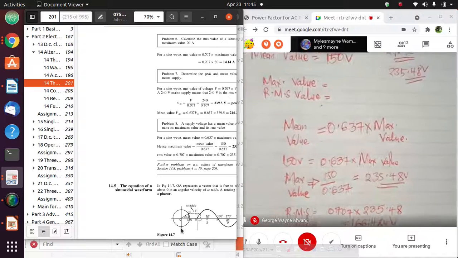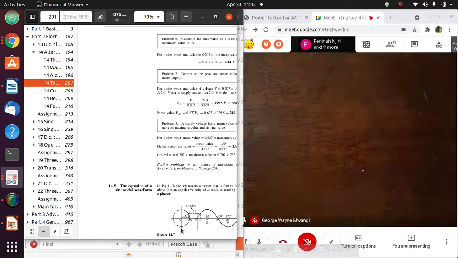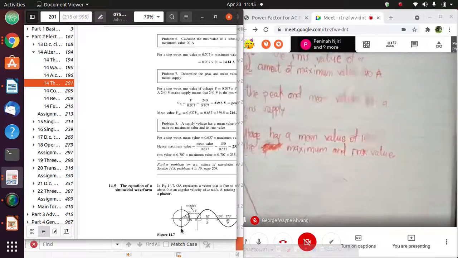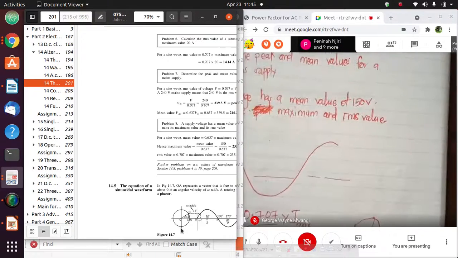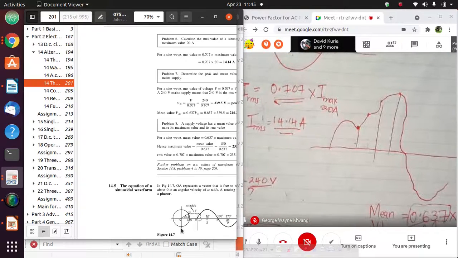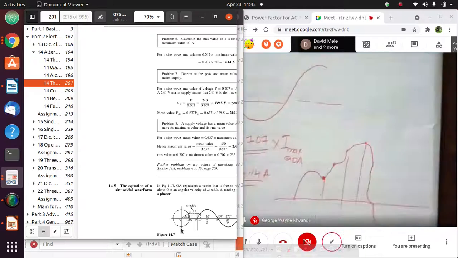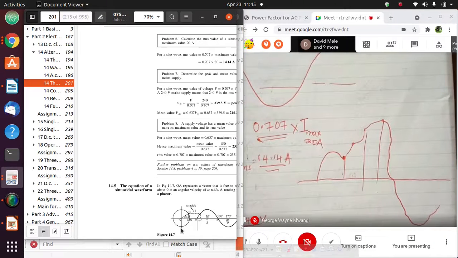The second question yenye tulifanya, naona kwa peak value ni voltage over 0.707, ndio? Now na hapa mnasema peak value au maximum value mnaweka 150 over 0.707. Now let us look at this question. Tumeambiwa tutafute the peak value na umepatiwa RMS.